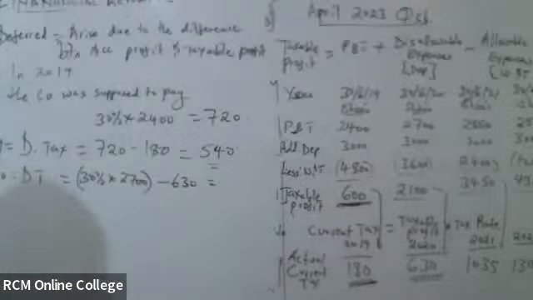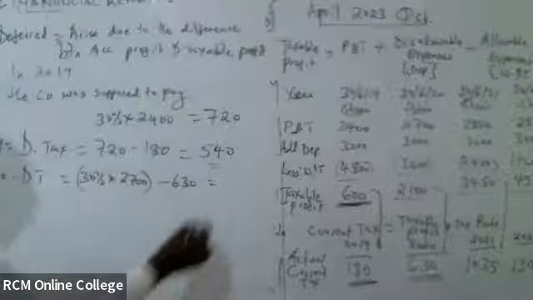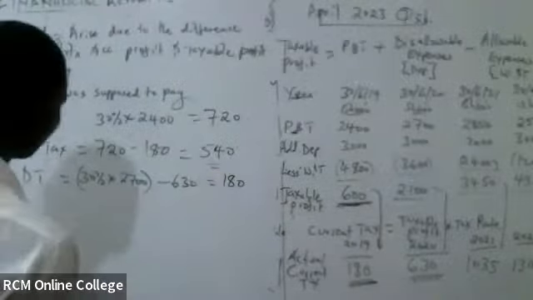How much? 90. We get 90. 180. Or 30% of 2700 minus 630, 180. So there we have 180.